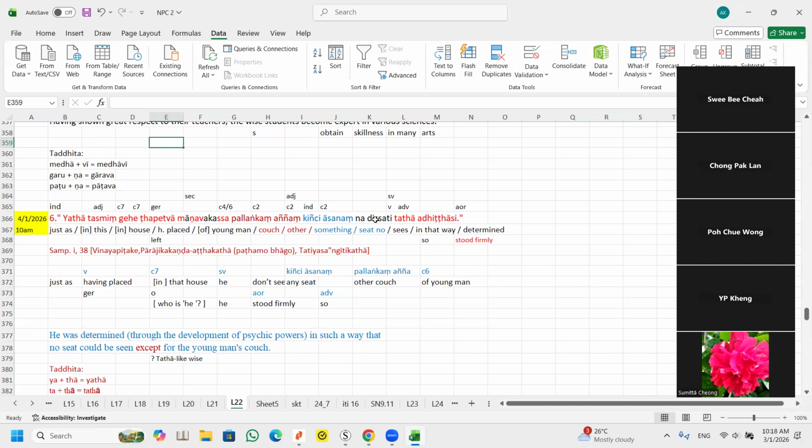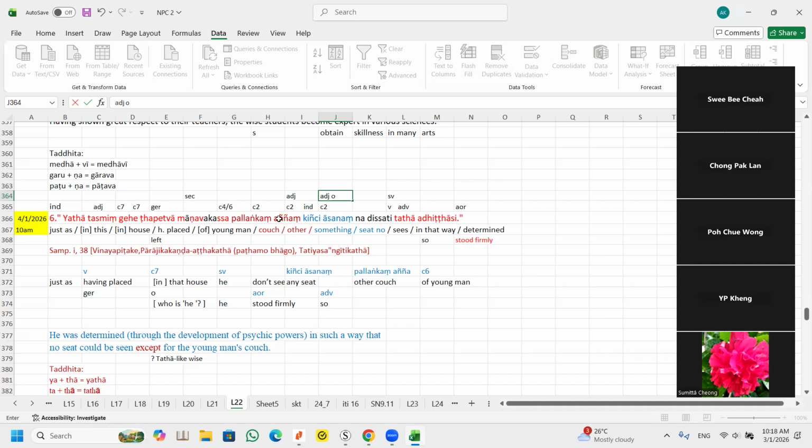A subject and verb will always take an object. This is an object. You see now, kinchi asanang. This is nang, that means this is an object. So this is no doubt in the declension. So this is an adjective and an object. That means he did not see any seat.